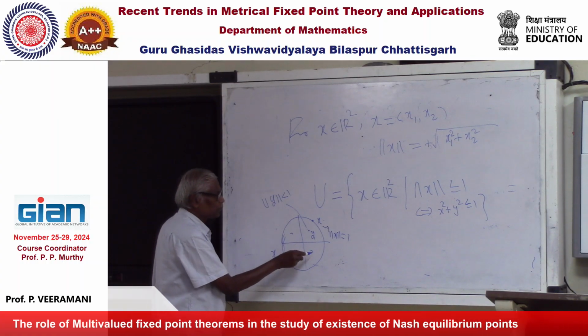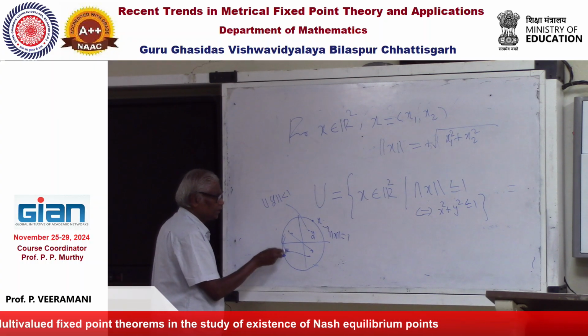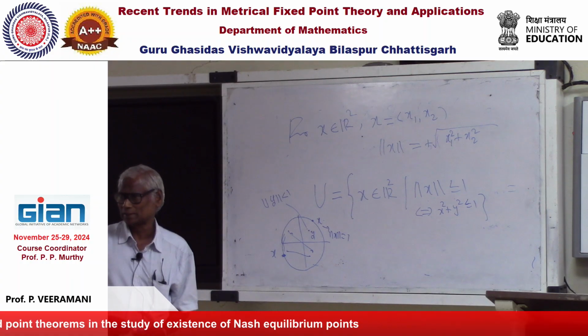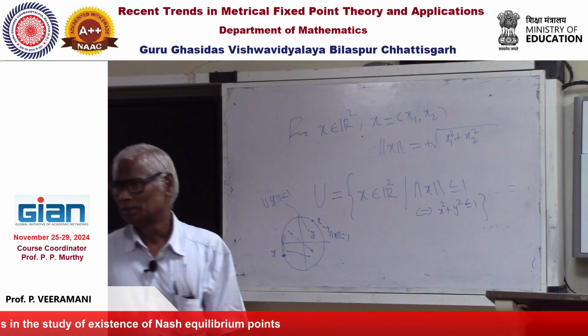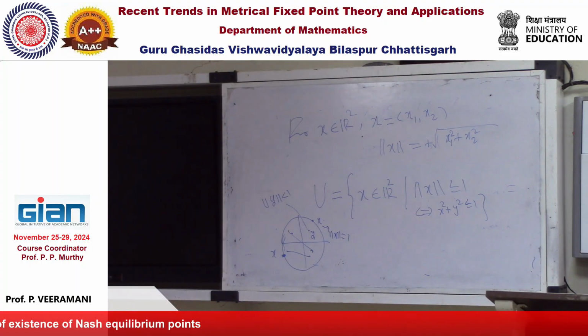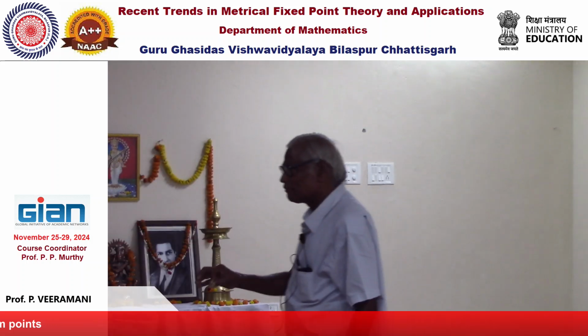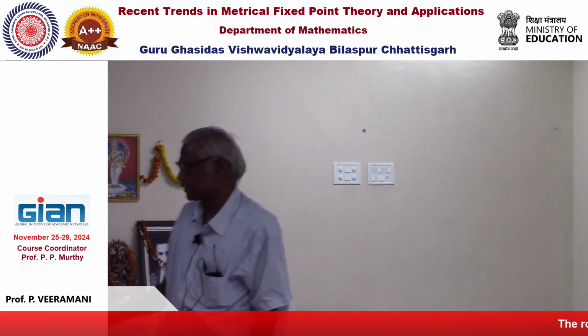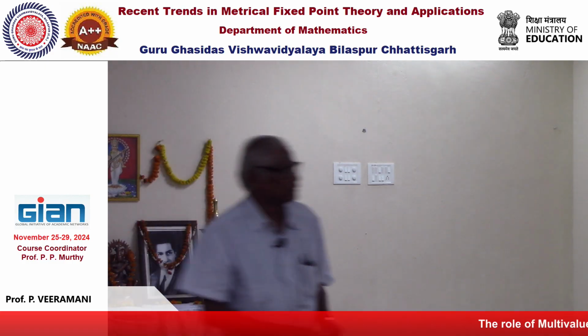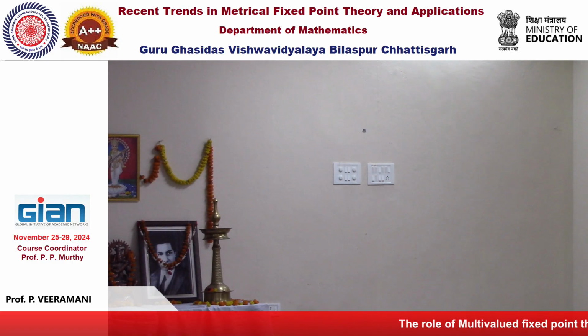If you take any 2 points, the line segment joining those 2 points is there. The unit ball is convex. So every convex set is in fact pathwise connected. You can start with any x, y.